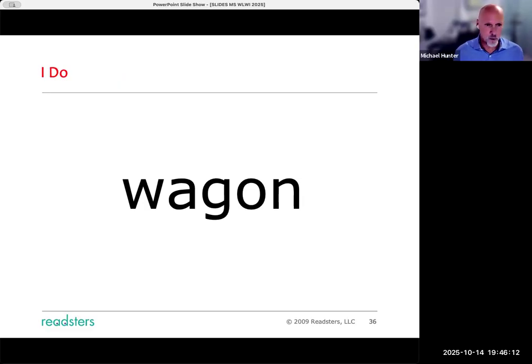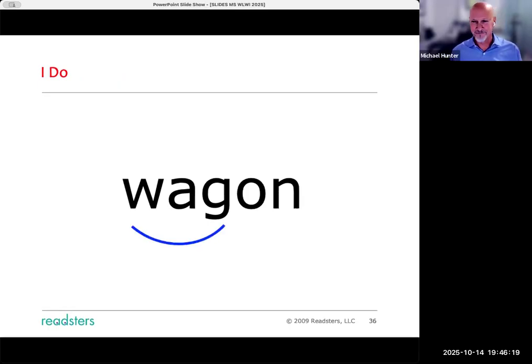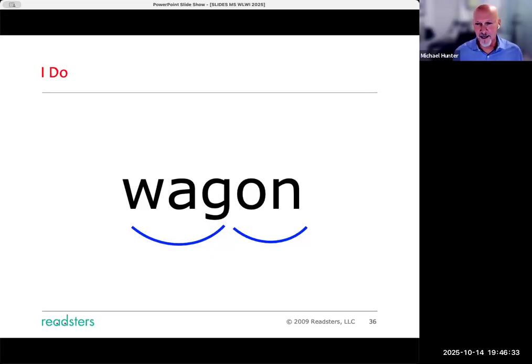I would read wag on, wag on. But you guys know that's not how we actually pronounce this word. We pronounce it wagon. Which vowel letter doesn't sound like the way it should? That's the O. That's our buddy, the schwa, that lazy sound. So it's not wag on, it's wagon.